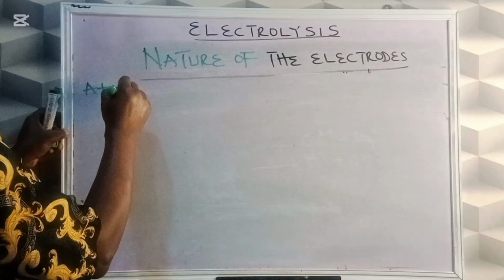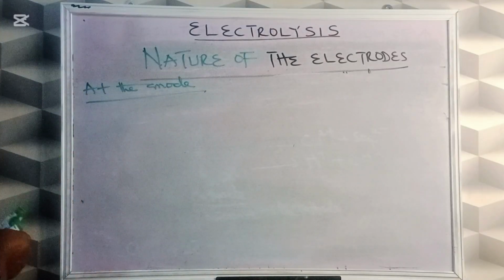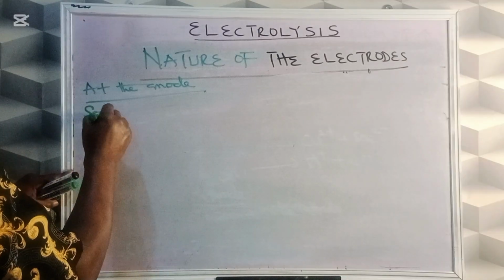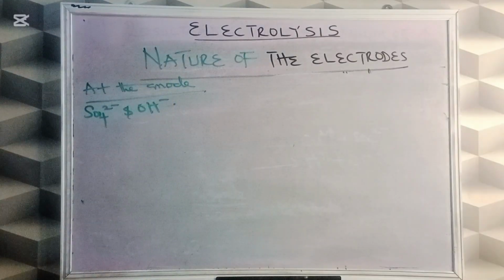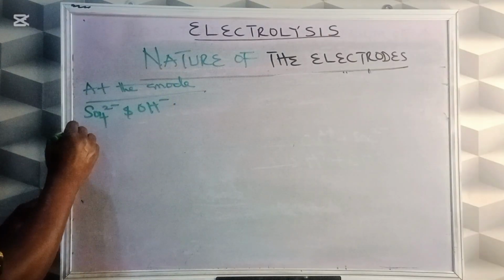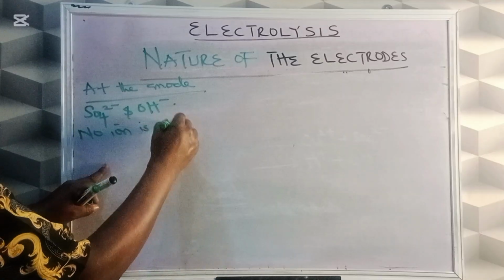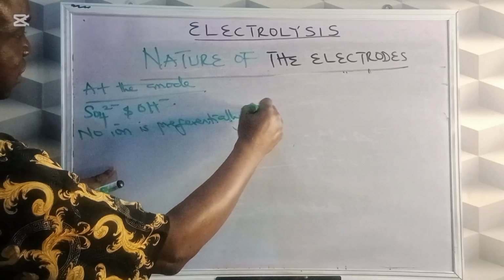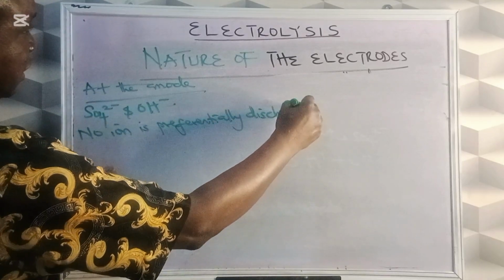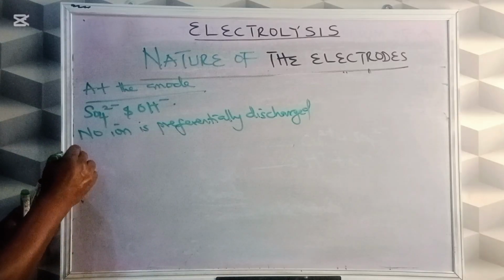Let's see the behavior at the anode. At the anode, what and what will migrate? We have SO4 2 minus and OH minus migrate. But no ion is preferentially discharged. Neither SO4 2 minus nor OH minus will discharge. Though really three things are likely to happen.